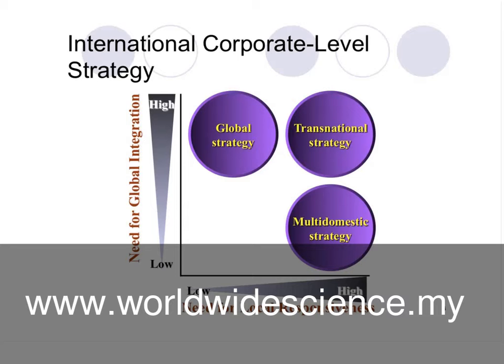So basically, we are going to see the level of global integration and local responsiveness for each of them. So we have the global strategy. The global strategy is mostly about global integration, and it has the least amount of responsiveness to the local side. So when you are going global, you make sure you have your global strategies, your ideas, or certain rules of business that apply to the global market.